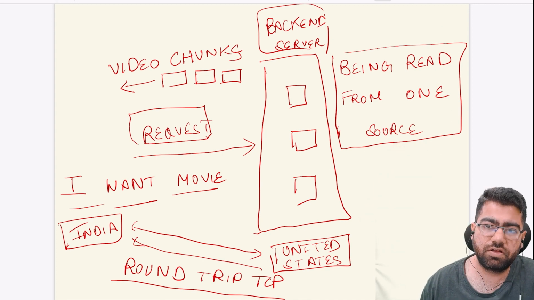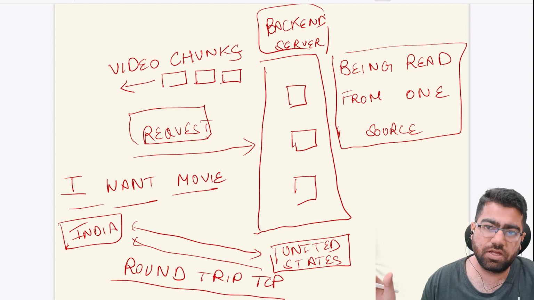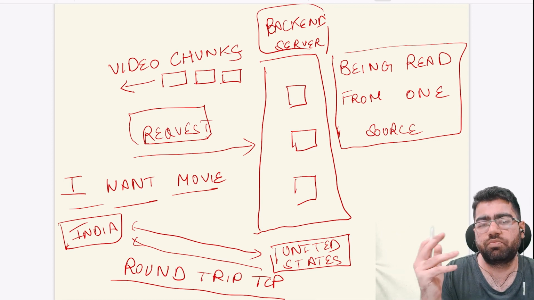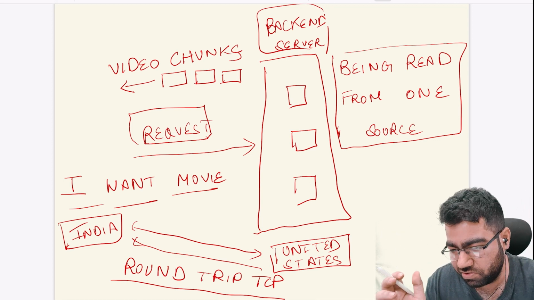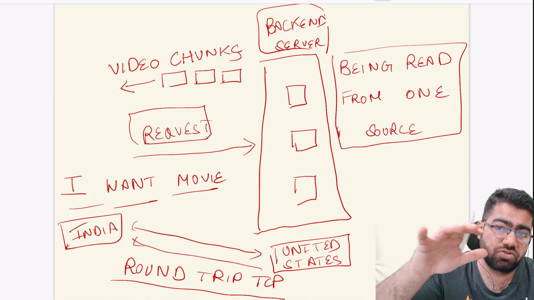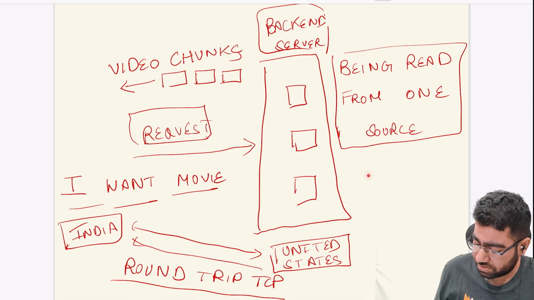So the server is reading the data from the file system and then delivering it to you. Everyone is making the call to just one place, one source, and if that source goes down, it can create many issues. A better approach would be to cache these files on some servers so that they can be delivered at a faster speed. As we talked about, latency is one of the major issues.